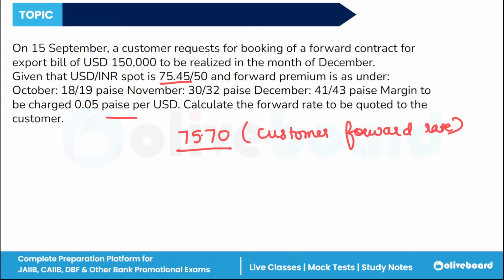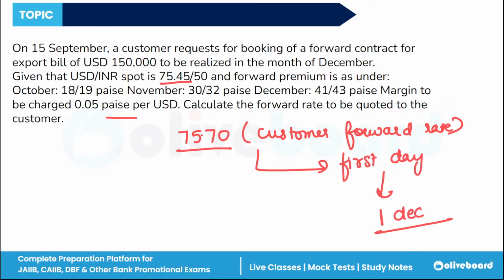Okay, and the forward margin from the period start to the start of the delivery would be passed on, and the customer has an option to deliver the currency on the first day, which is 1st of December. Clear?